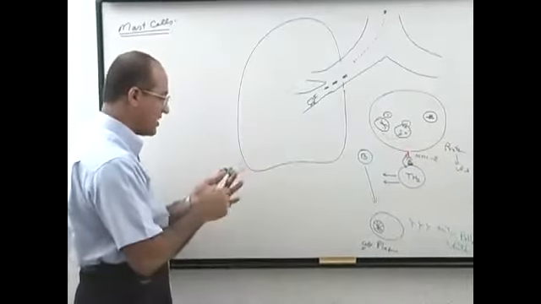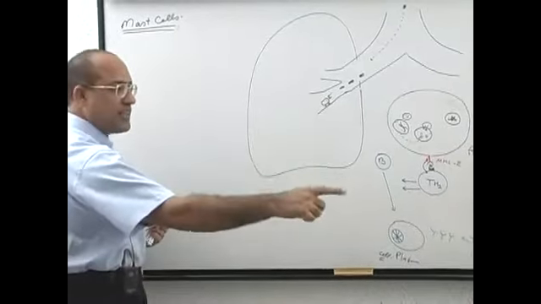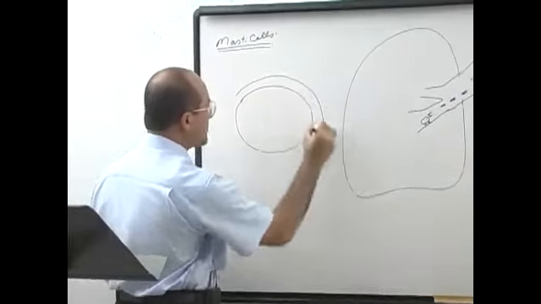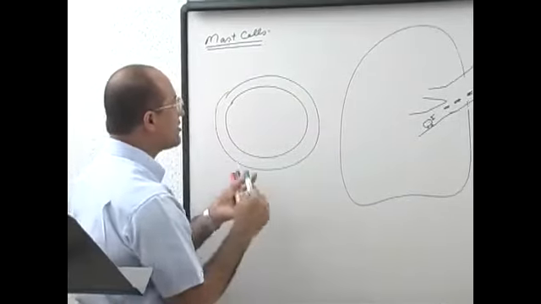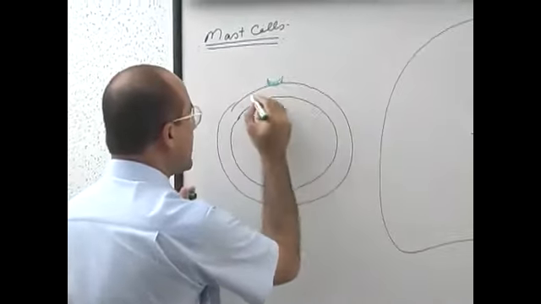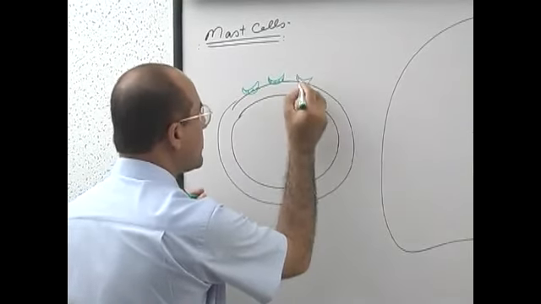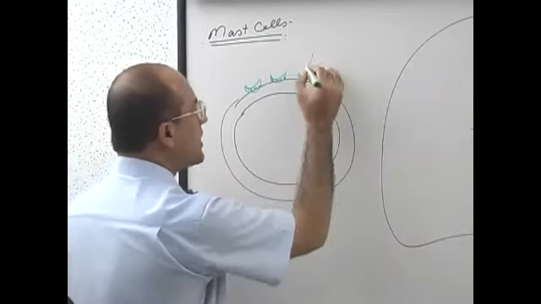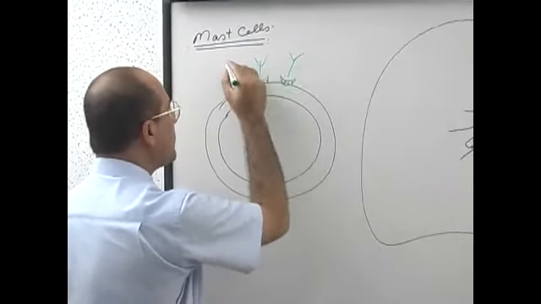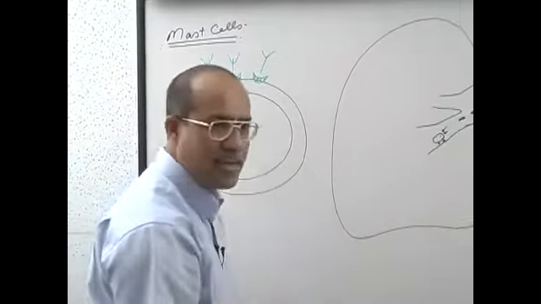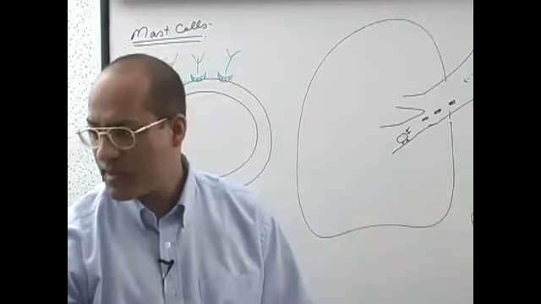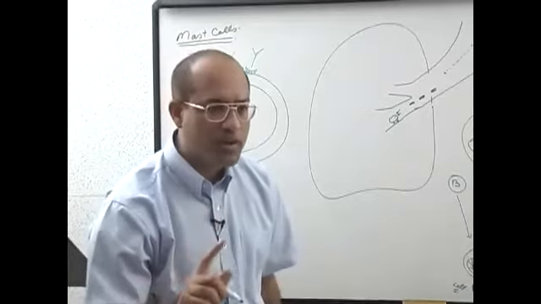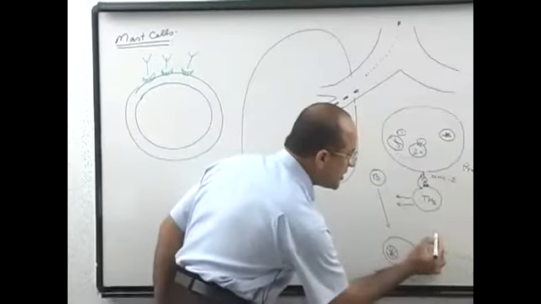This is the point to understand: once his body is having antipollen antibodies, here is a mast cell. This is a mast cell. It has special protein receptors on its surface, and on these receptors, what can bind? Antipollen antibodies. The receptors on the mast cells only bind antibodies belonging to the IgE class.